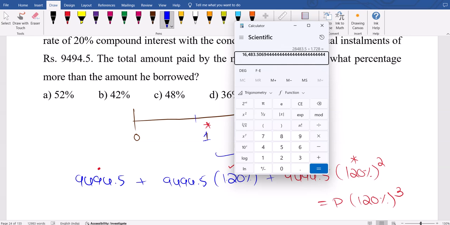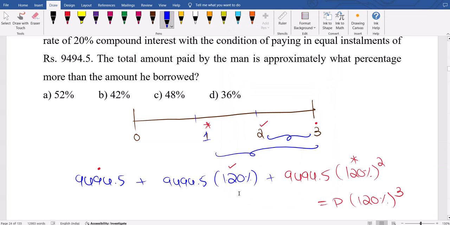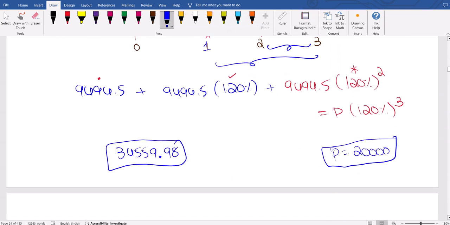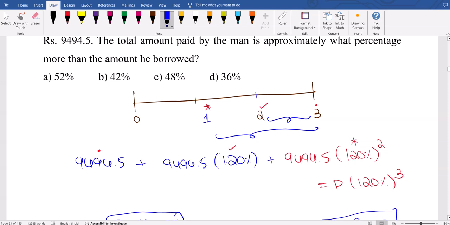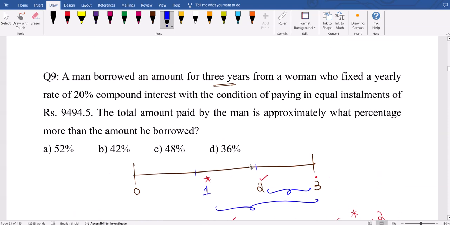It's more than 60%. Actually options are not available, but as per this process, more than 70%. Let's say this is 34,560, this is 20,000. It's 17.8% like that. It should be 78%, 70 plus. No options are available like that.